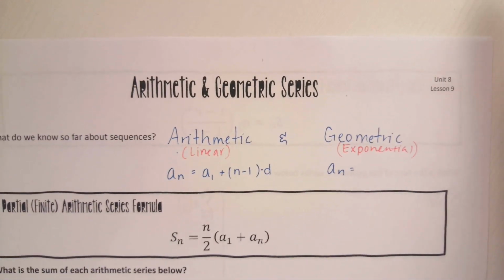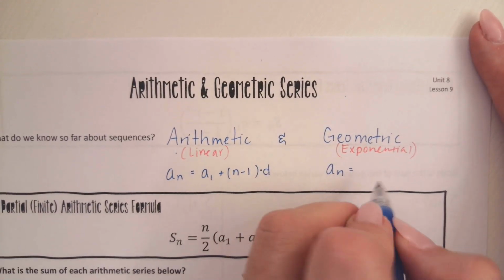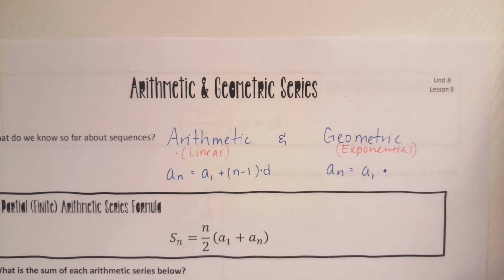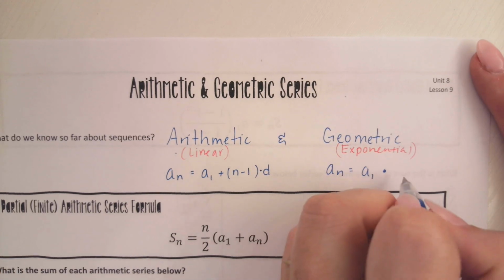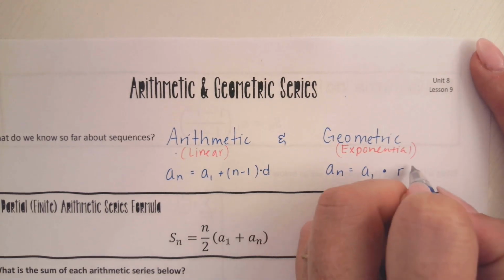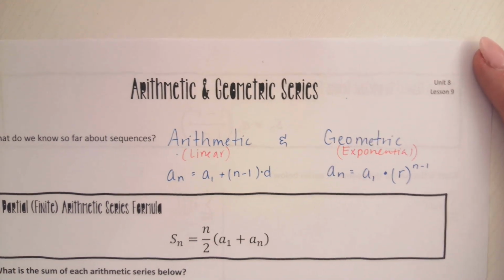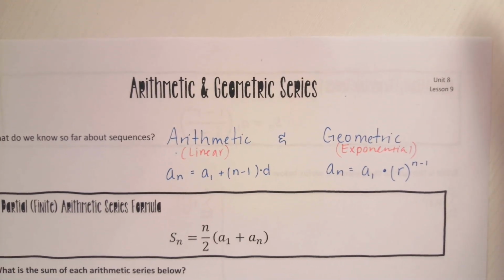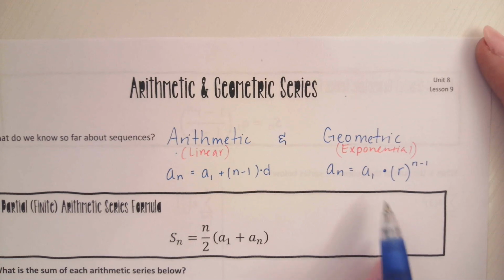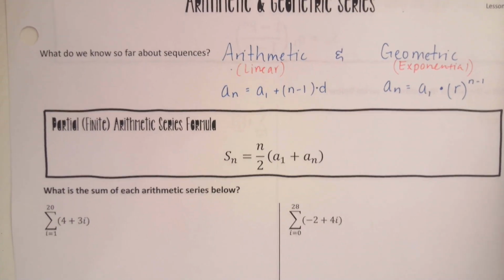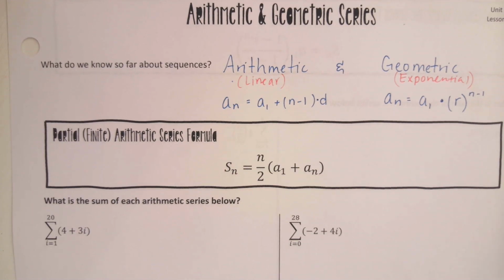And then for geometric, we had the AN, and then we had the A1, which is the starting term, times the common ratio, which was the R value, to the power of n minus 1. Which one was the one that I said we did not have to simplify? Geometric, right.